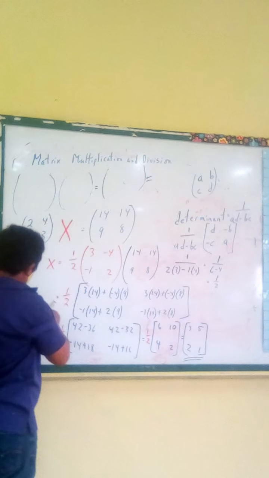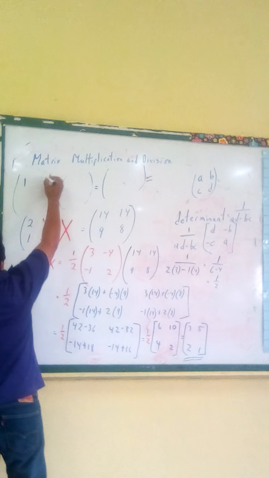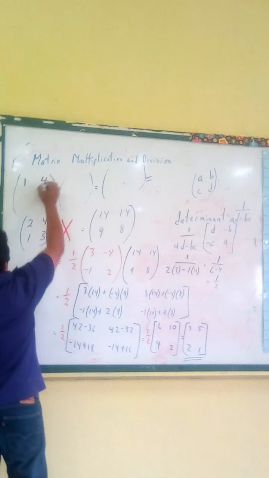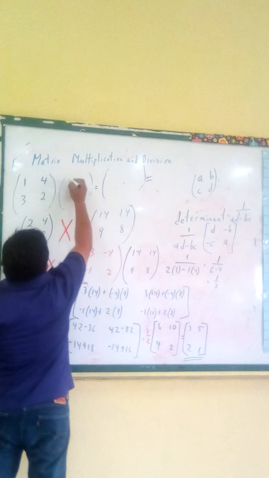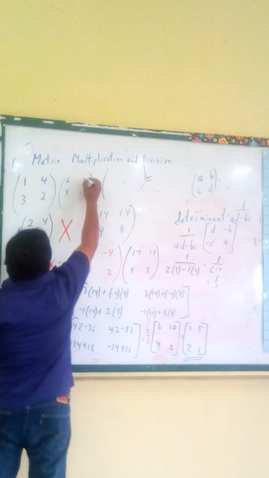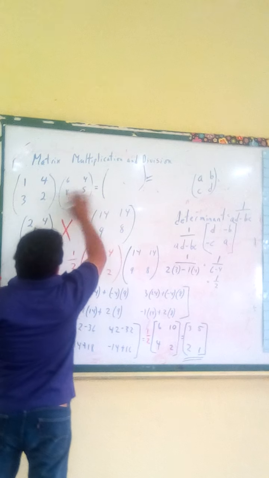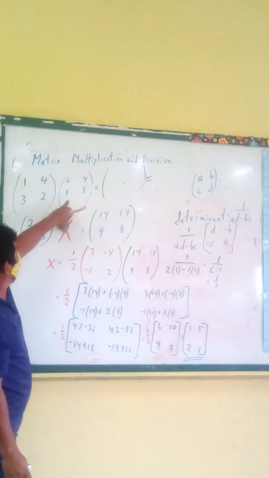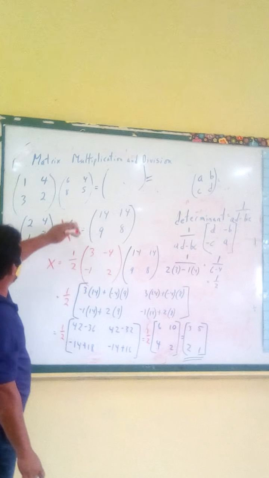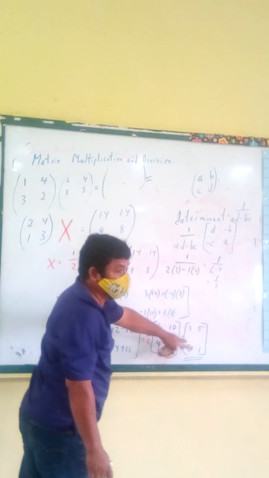Okay, so we're going to have two matrices here. 1, 4, 3, 2. We have here 6, 8, 4, 5. So let's multiply this out, get the solution, and then take this out so we get back the same value here. The reason I want to use it this way is so that you don't get a fraction on this side.